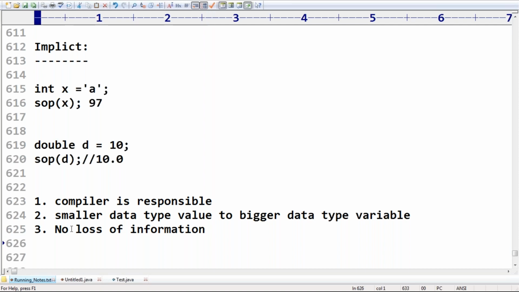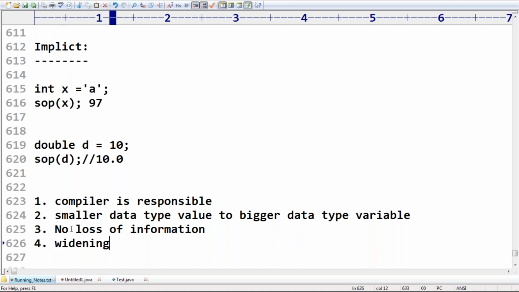Next, do you know who is doing this activity? The compiler is doing it. We are placing a small value in a bigger place. Am I performing widening or narrowing? We are performing widening.